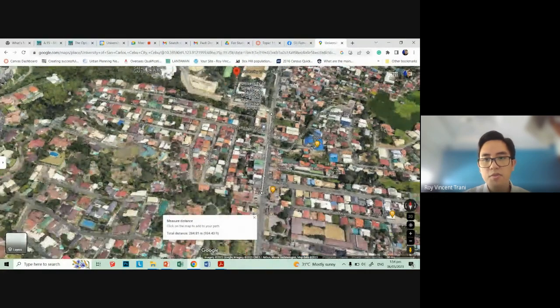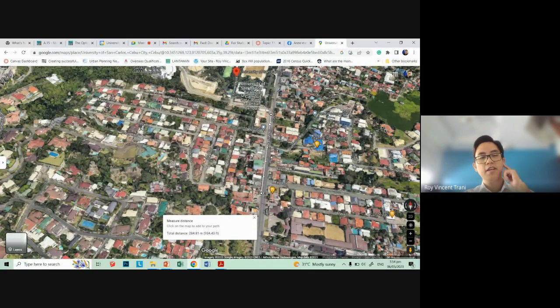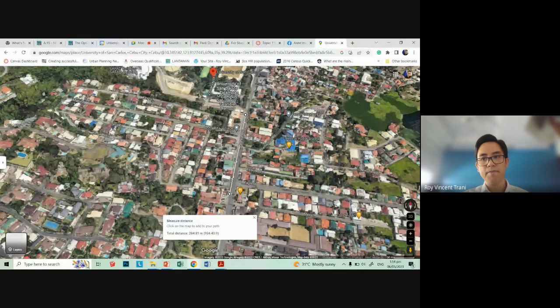So let's say this road wasn't constructed yet. So to create this access to their subdivision, the developer needs to create a road, and usually they would ask the help of the public sector to provide a road.